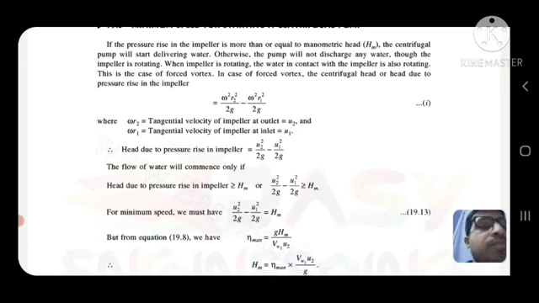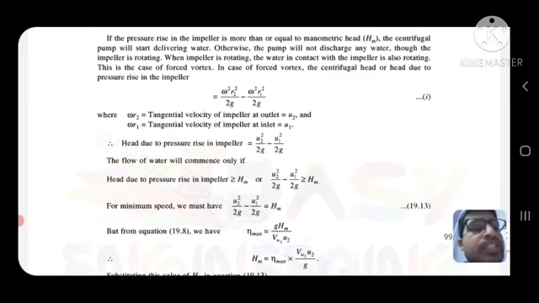Otherwise, the pump will not discharge any water though the impeller is rotating. When the impeller is rotating, the water in contact with the impeller is also rotating. This is the case of a forced vortex.